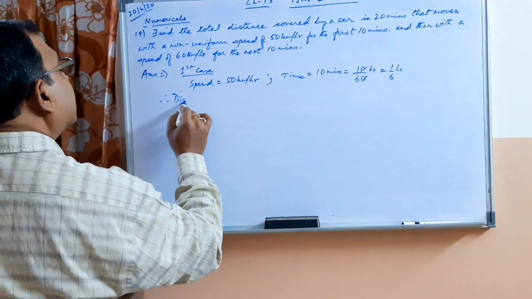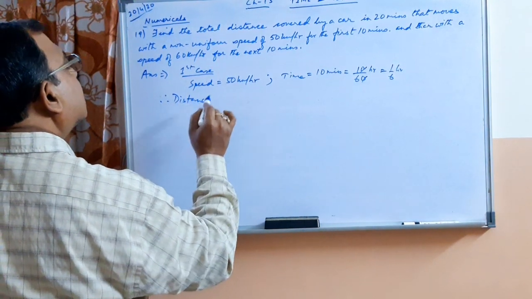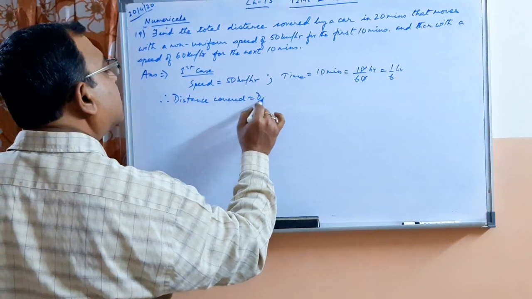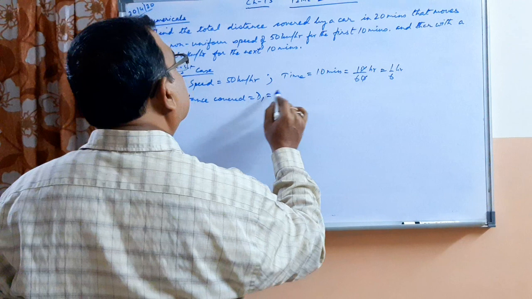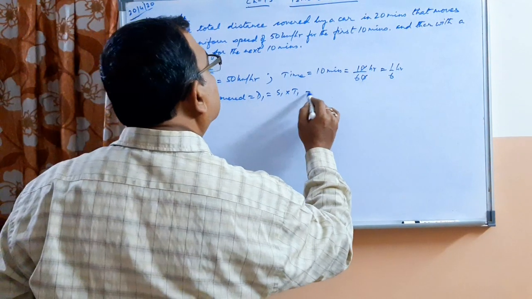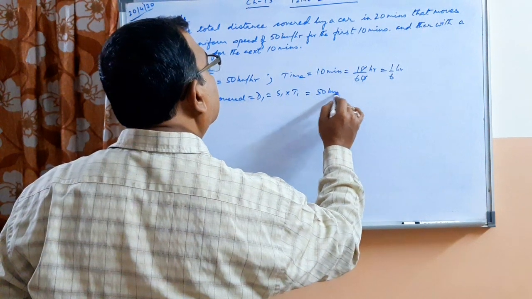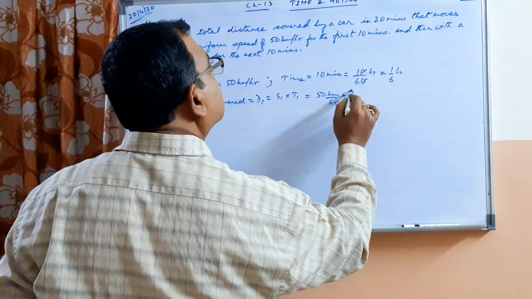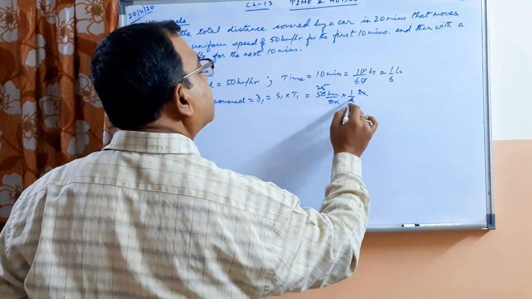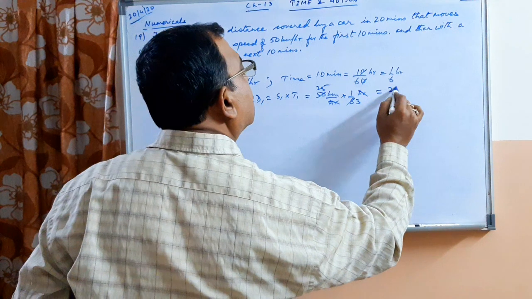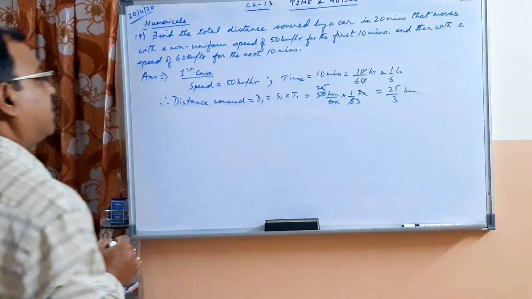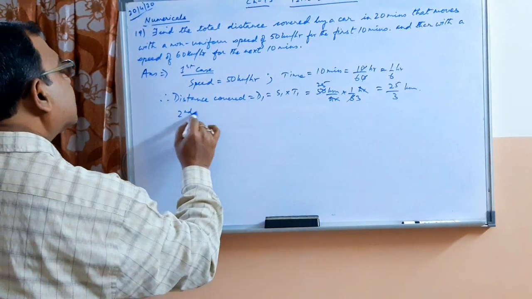Therefore distance covered is equal to d1, that is speed into time, s1 into t1. So first speed is 50 km per hour and time is 1/6 hour. So 6 gets cancelled, 2 25s are 50, 2 3s are 6, that comes to 25 by 3 kilometer, right?